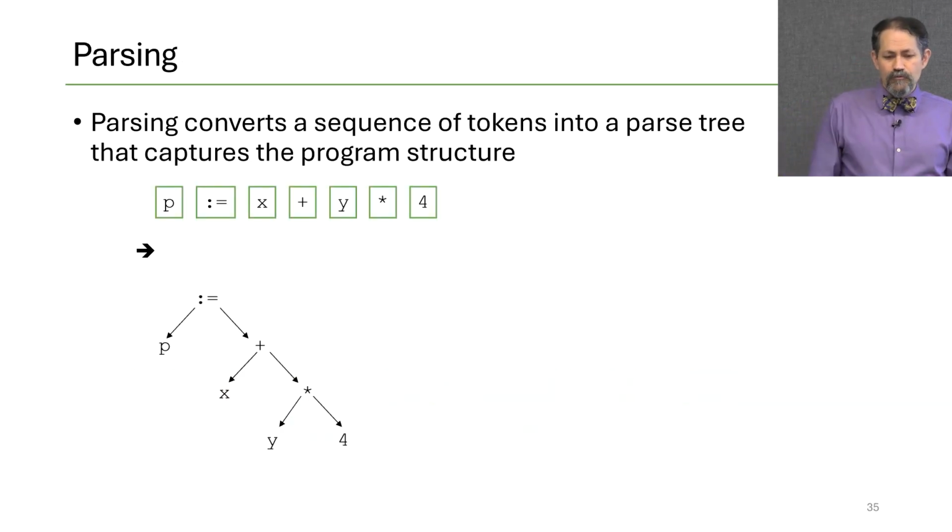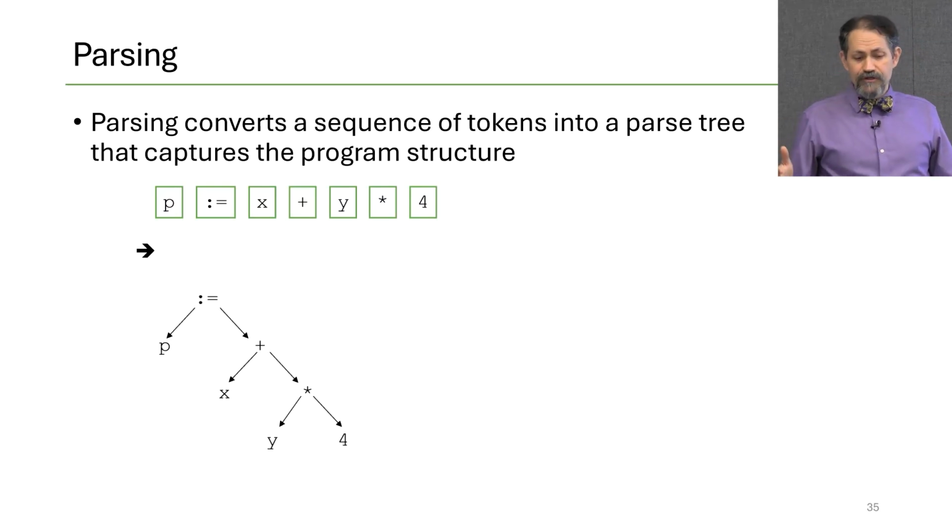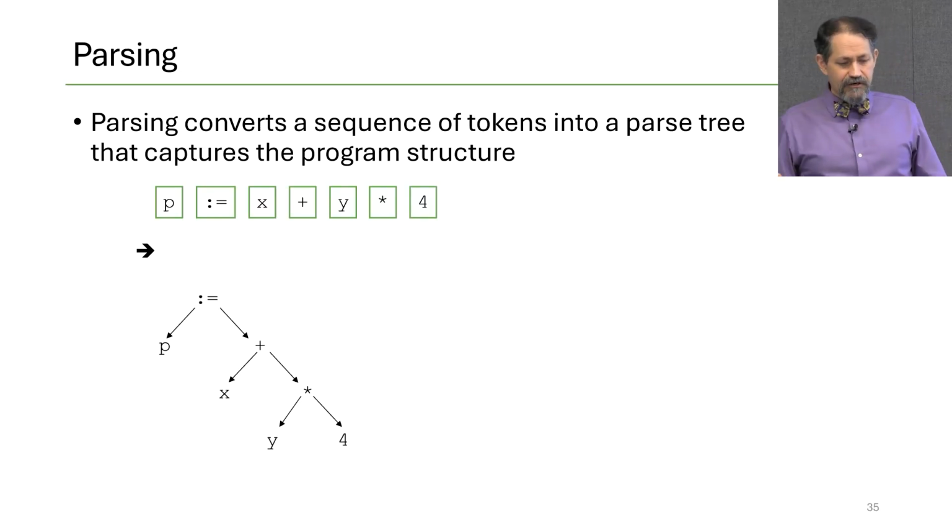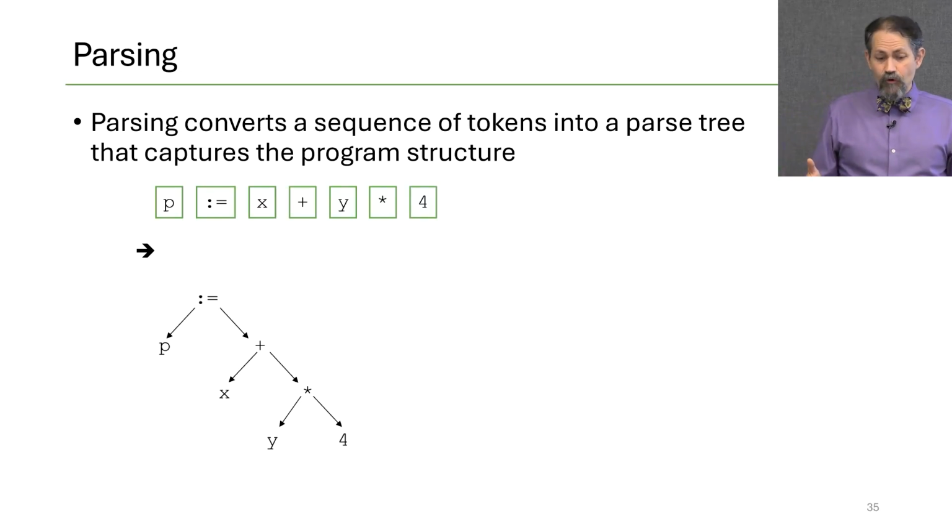Next, we parse the program. Parsing will convert the sequence of tokens that we computed in lexing into a parse tree that captures the program structure. So our assignment here, p gets x plus y times 4, might be transformed into the following form. What is this thing at the highest level? Well, it's an assignment, so that's the root of the tree.